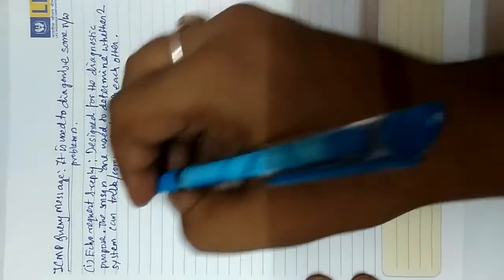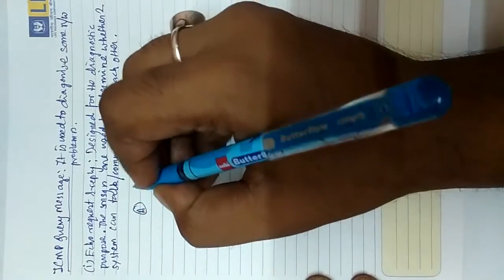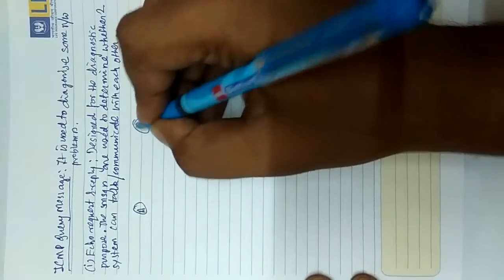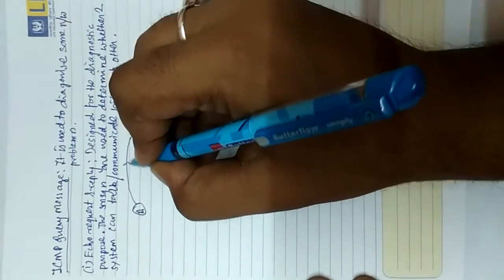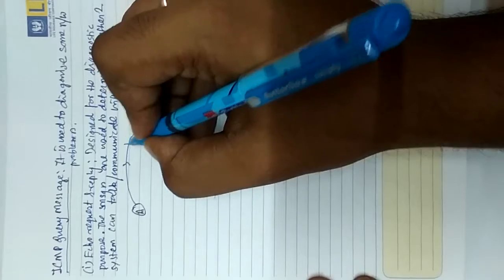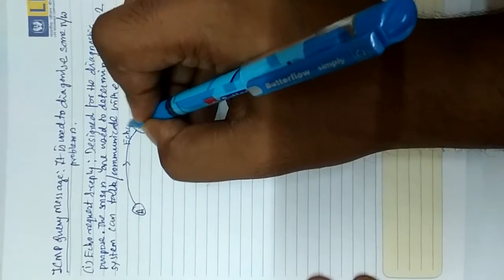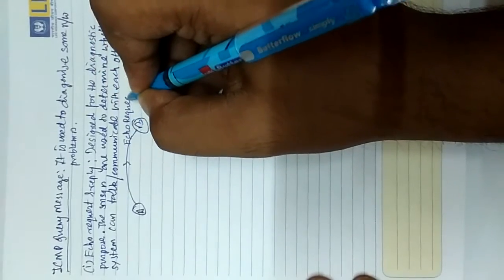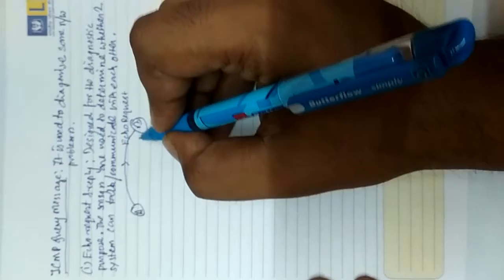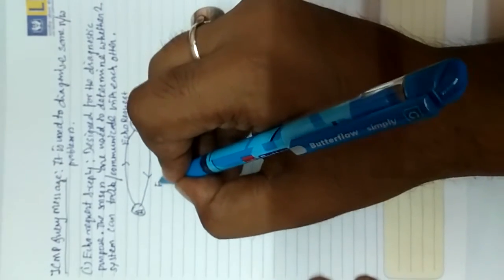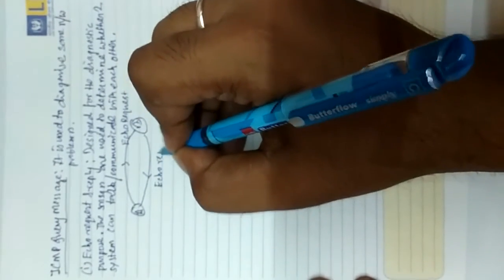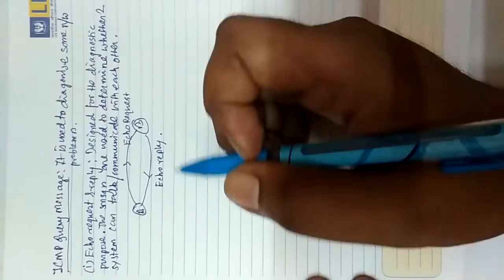So pictorially I can say that this is A and this is B. First it will give an echo request message, and B will give another message, that is echo reply. Okay, so this is the first part, that is echo request and reply.